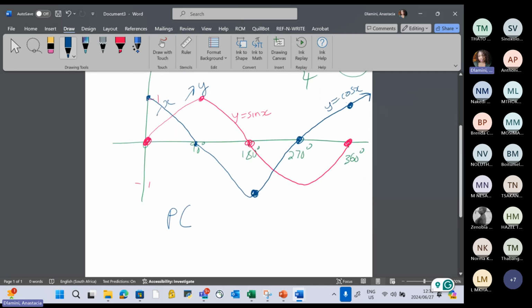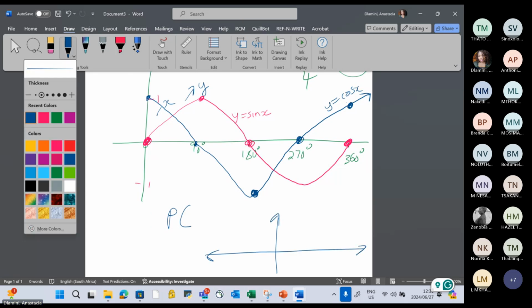Right? Look at this. We said that sine gives us our y values and cos gives us our x values, right?